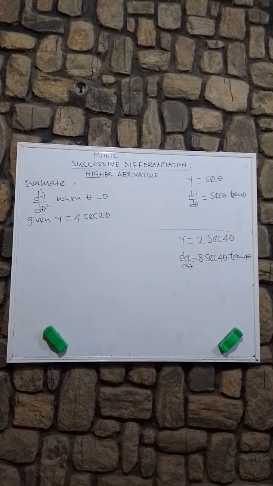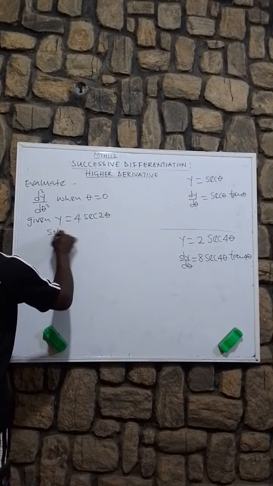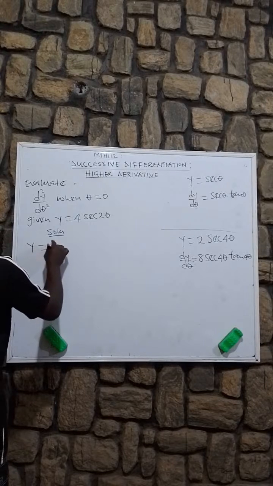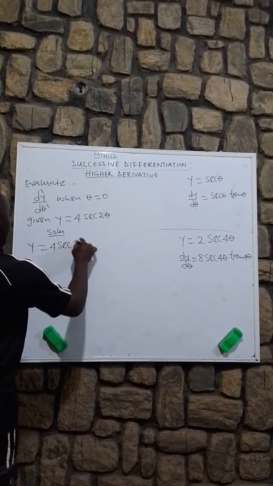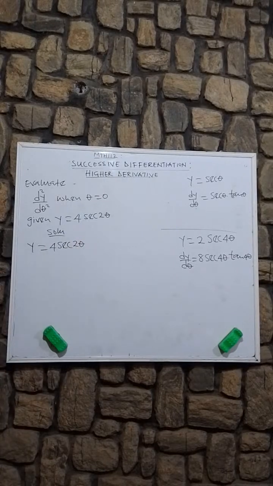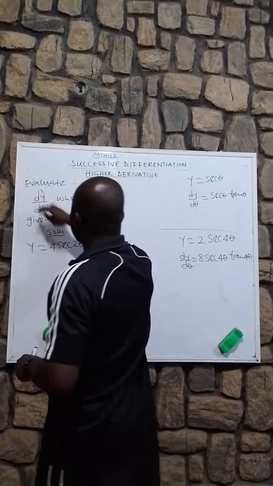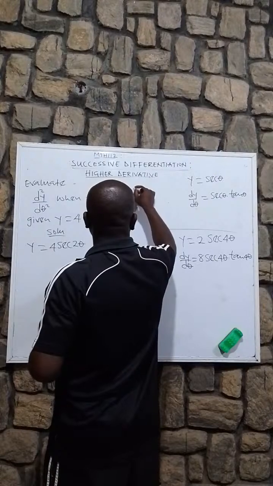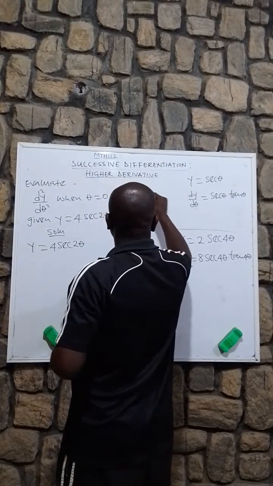Okay, so now here let's write the solution. y is equal to 4 sec 2 theta. Don't be surprised if they want to confuse you. Instead of this, they can write y prime prime, evaluate y prime prime when theta equals 0, given y equals 4 sec 2 theta. It's the same thing.